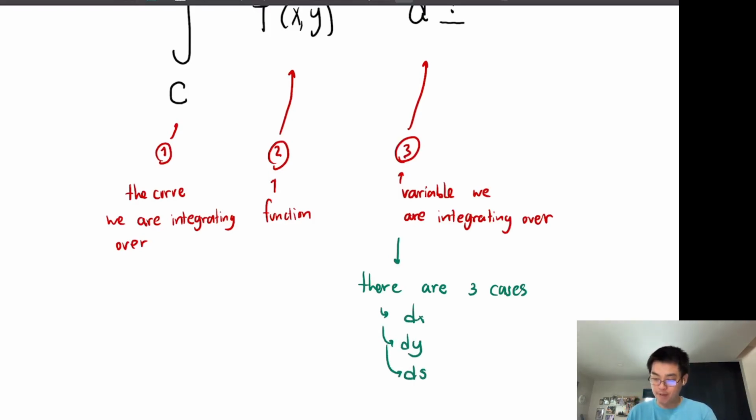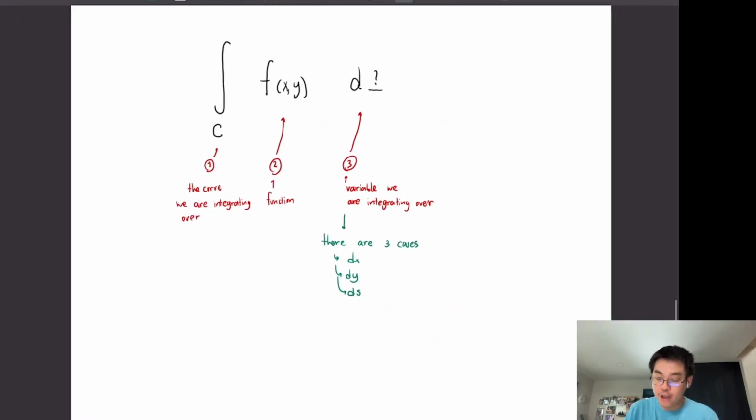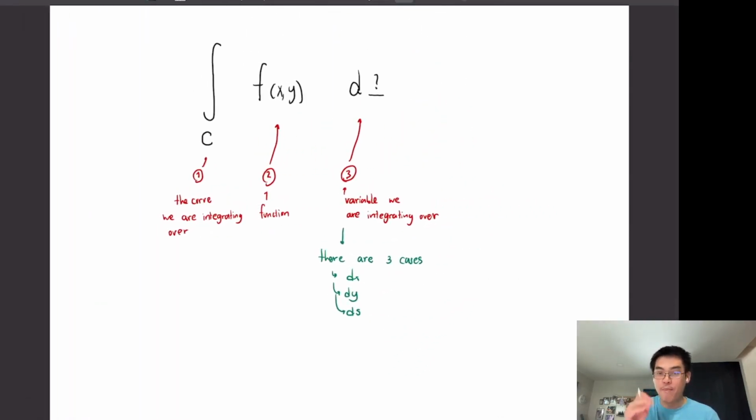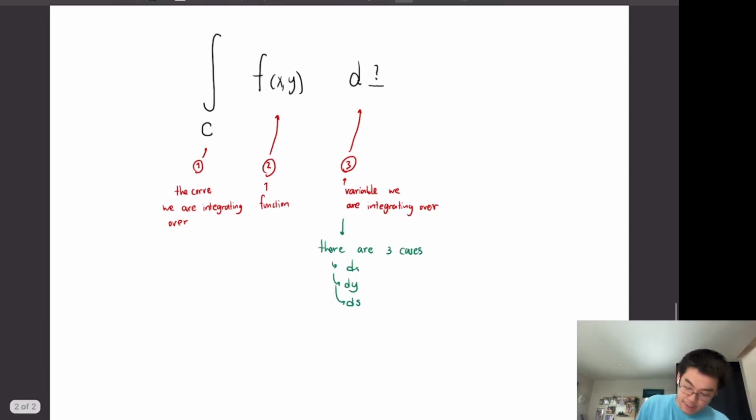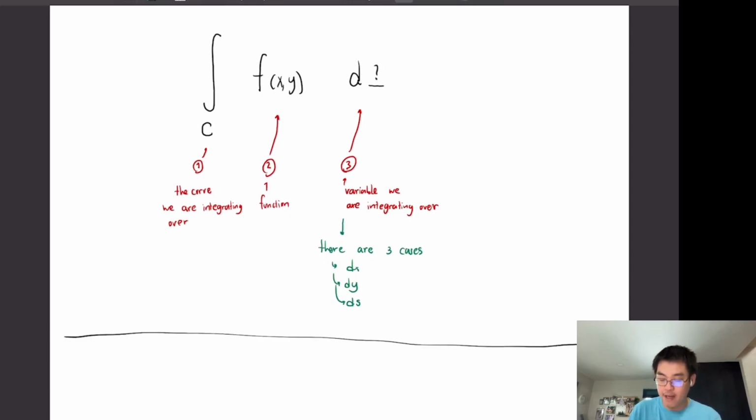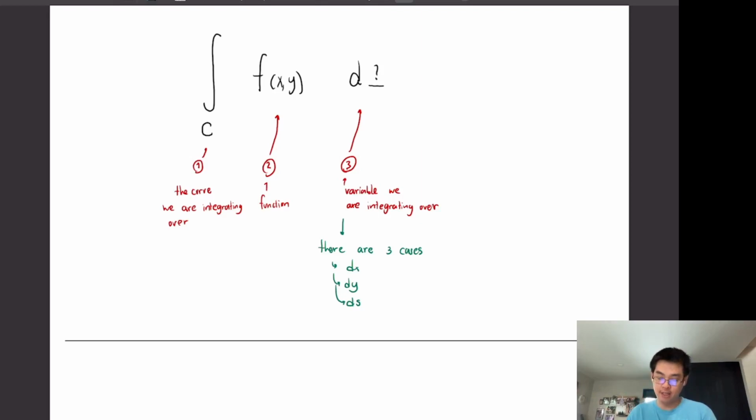Okay. I'm gonna show you how to compute each one of them one by one. Okay. But that's the basic. We have the integral, we have the function, we have the d. The d can be one of the three cases, and the key is we will transform each one of them by something called a parameterization of C.